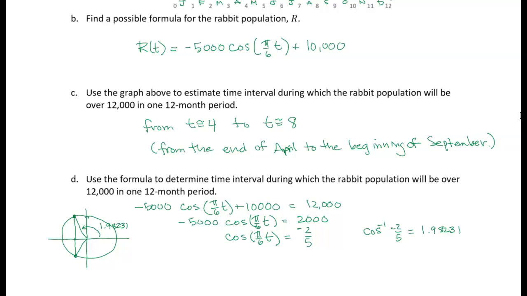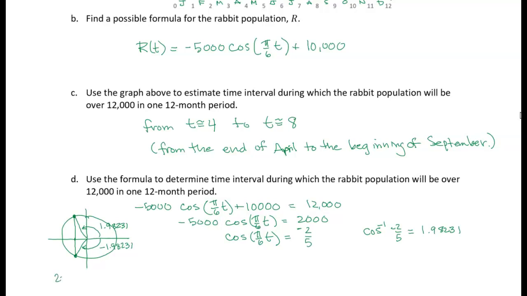But, okay, so now we have to figure out where is this angle down here. They're going to have the same reference angle. But you can also see that I could just measure in this direction by negative 1.98231. Now I want my time to be positive because I'm not going to go back in time. So I want the positive version of that.